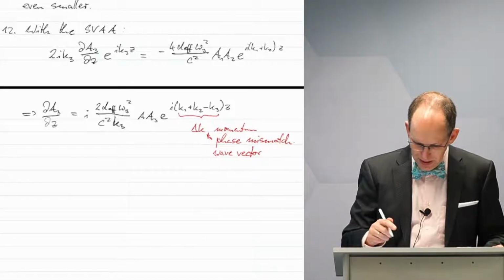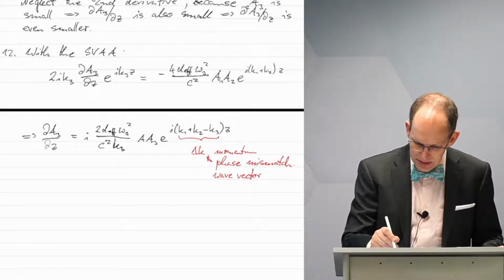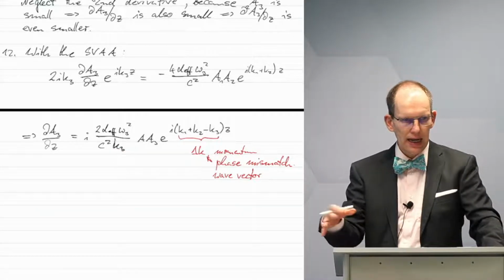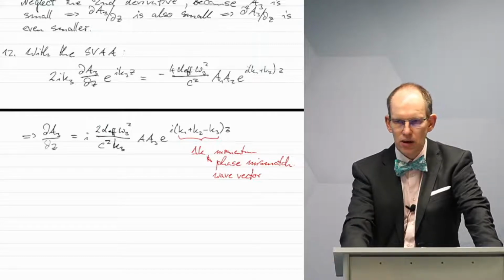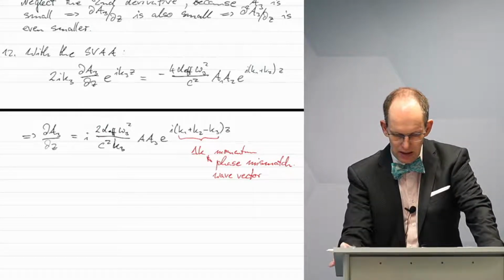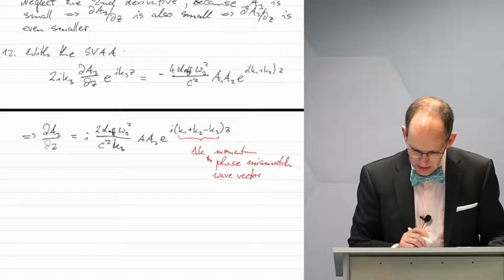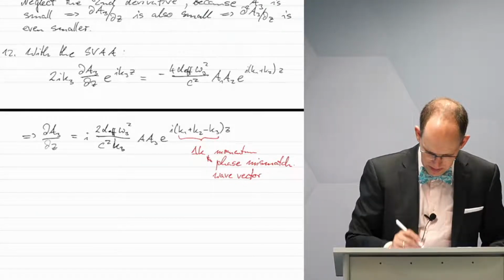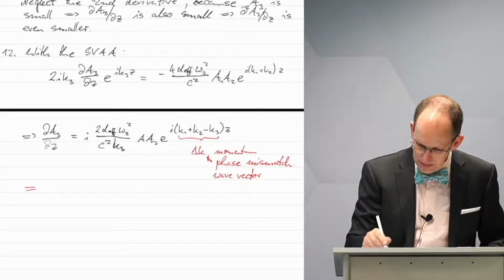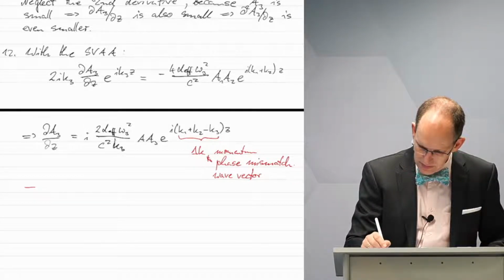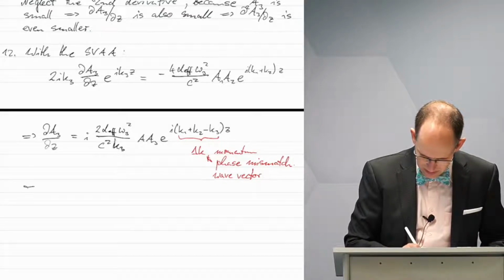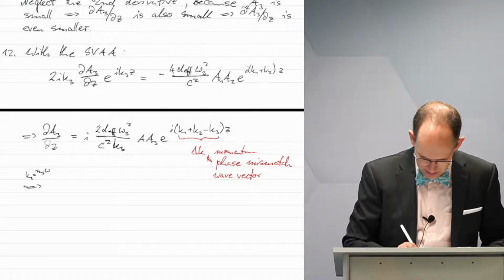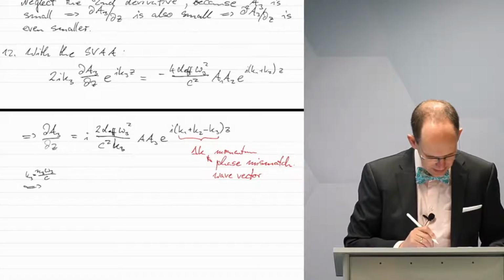Yeah, we can of course simplify this further by noting that k is n times omega divided by c, so k3 equals n3 times omega 3 divided by c, and then one of these omega 3 cancels.